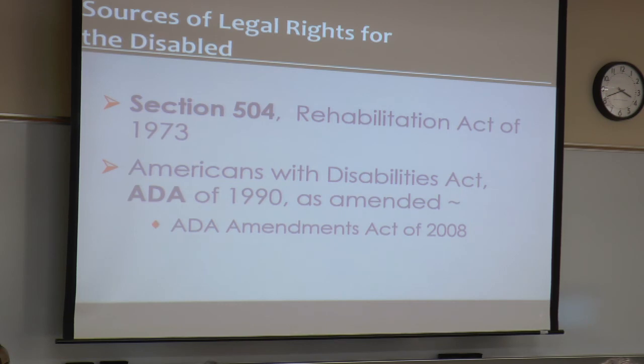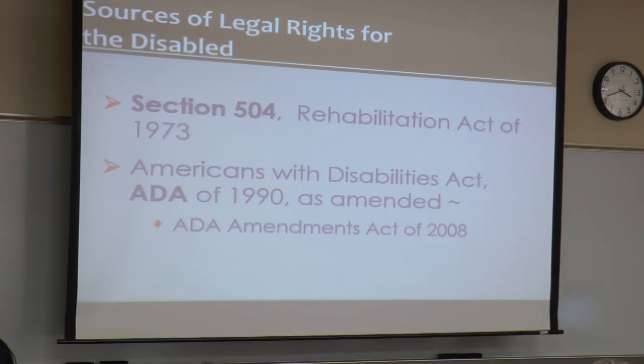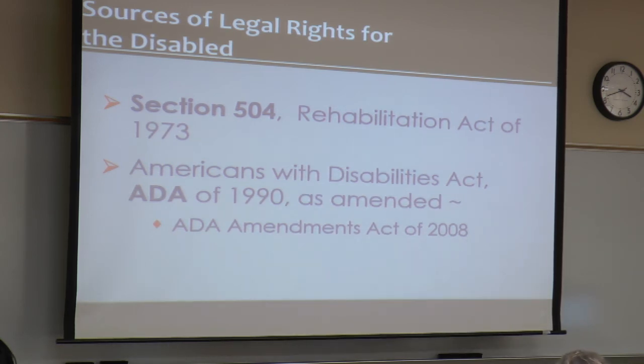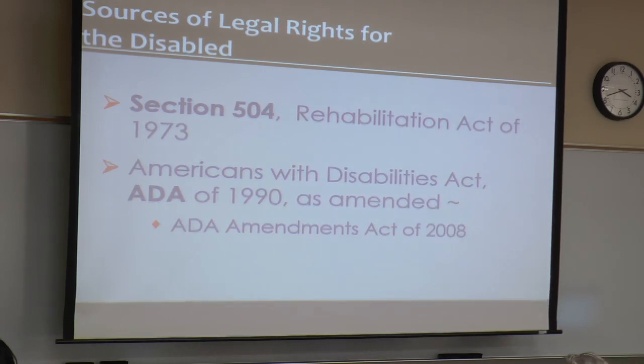Obviously the ADA is probably something that you have heard of, was passed in 1990. It was amended and sort of expanded to some extent in 2008. And Title II of the ADA is the section that we're talking about here today that applies to local government entities, which includes colleges and universities.